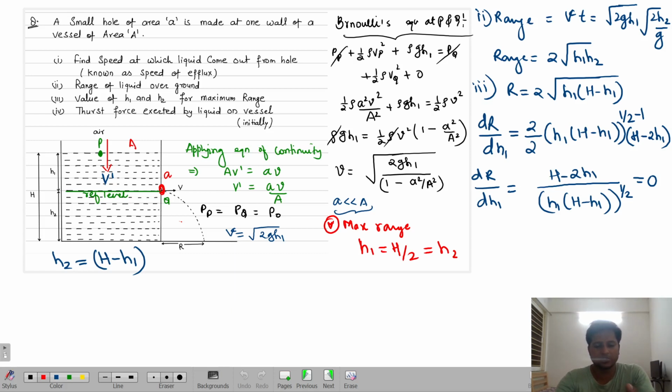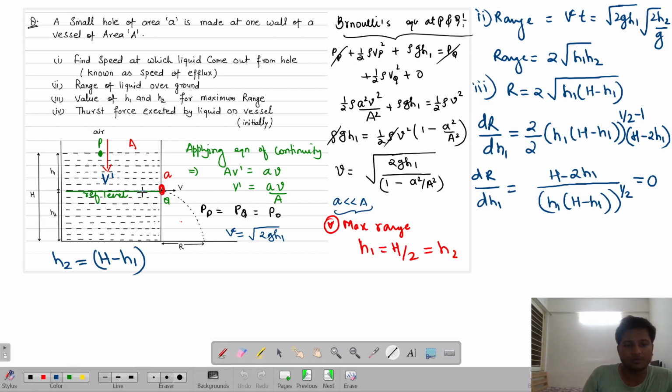What is the meaning of thrust? That I made you understand. Thrust means the force applied by the liquid on the container, isn't it? Whatever force the liquid applies, that force is making the liquid come out. The net resultant of that force is only making the liquid come out.